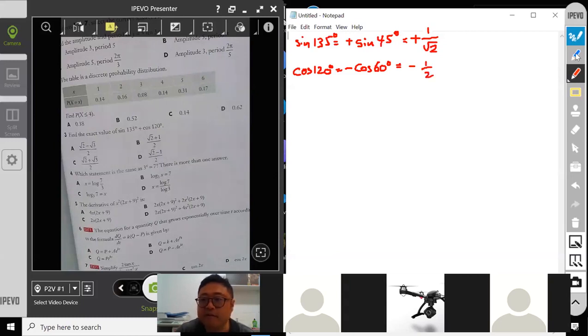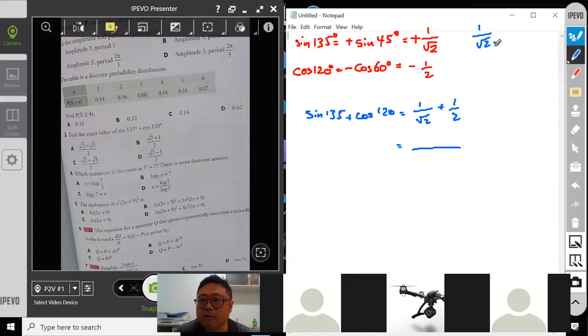So basically, your answer is going to be 1 on root 2 minus a half. And then when you rationalize the denominator, what does that become?